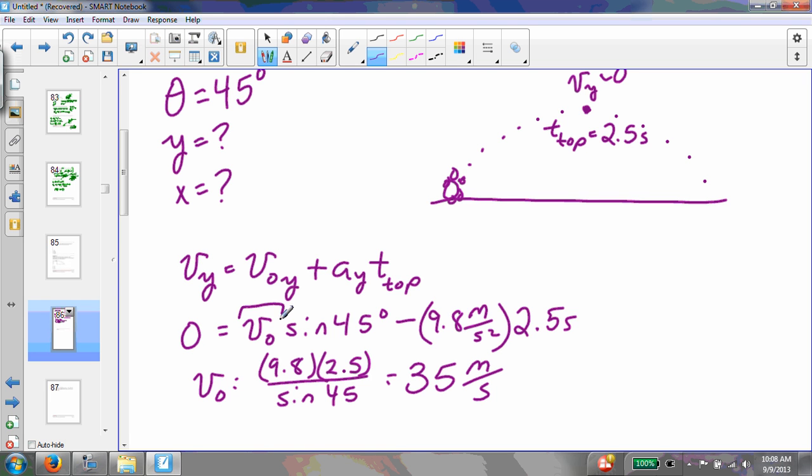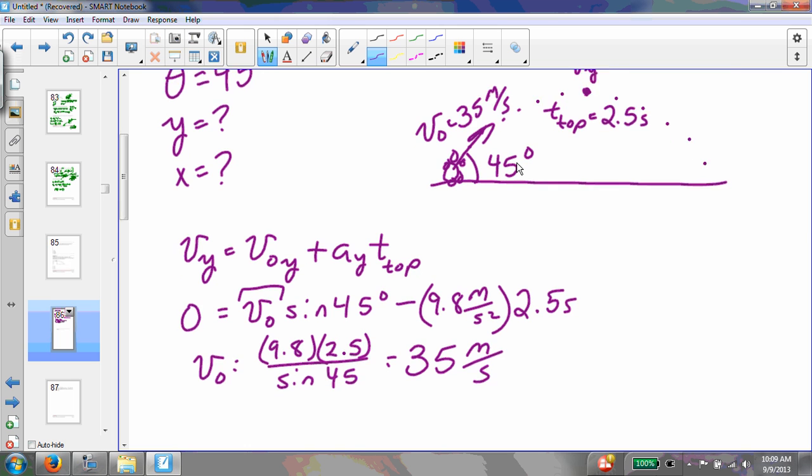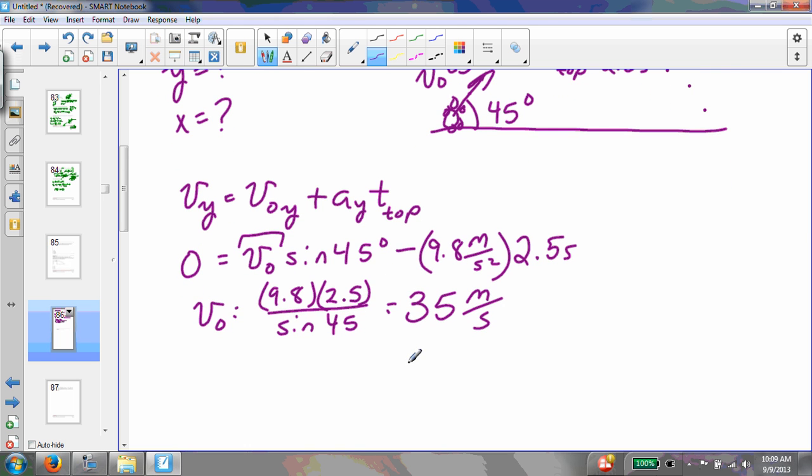Notice that we are solving here for V naught. That's the actual velocity, or his actual speed: V naught equals 35 meters per second, at an angle of 45 degrees. That's equal to about 75 miles an hour. But he's in the air for a long time, for 5 seconds. That's a long time to be launched.